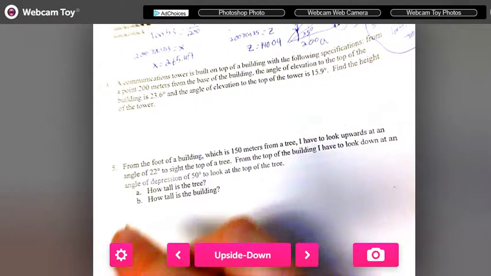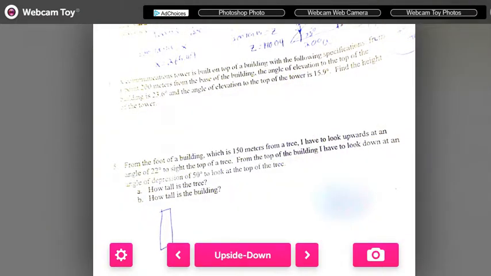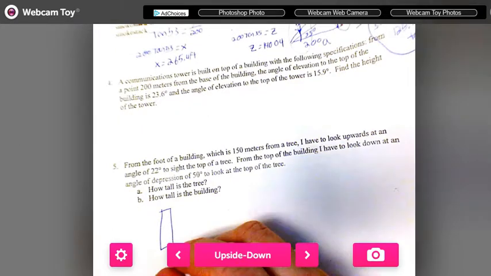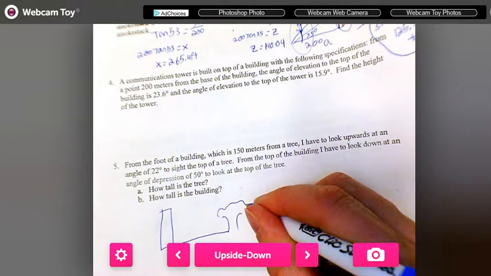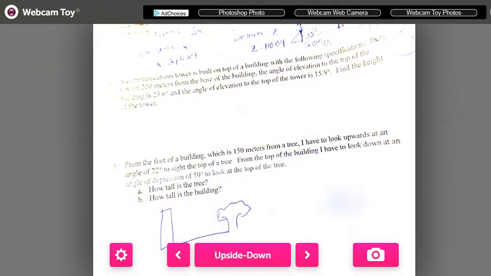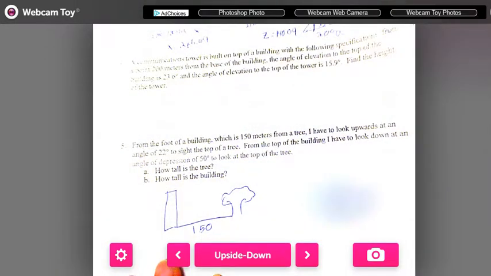Okay, so first of all, we know there's a building somewhere. All right. From the foot of the building, which is 150 feet from a tree. So here's my tree. Okay. It's 150 feet away. So I got that much. I have to look upwards at an angle of 22 degrees to sight the top of the tree.